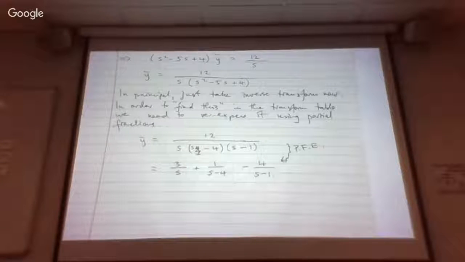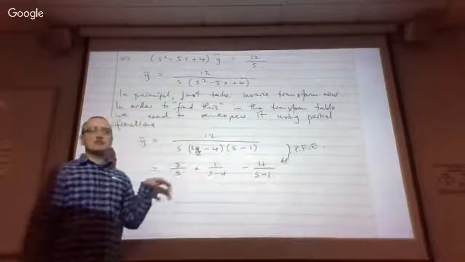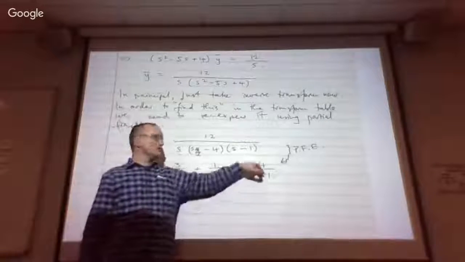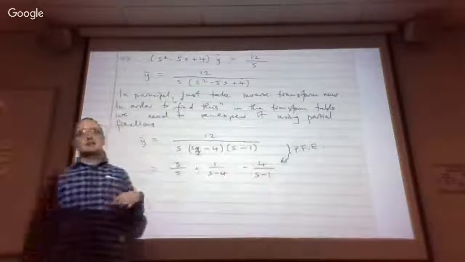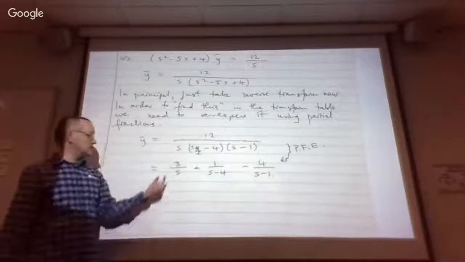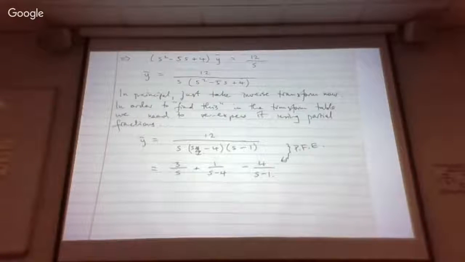So once we have those coefficients, what we're looking at now is a linear combination of much simpler rational functions. Something over s plus something else, something over s plus another thing. Okay? Not cubic, not a whole cubic term in the denominator, just linear terms. Okay? Those can all be found on the Laplace transform table.